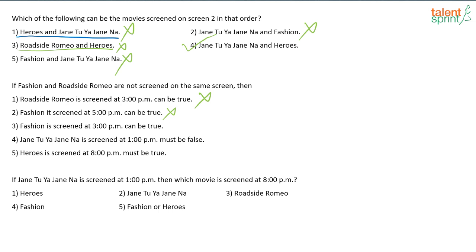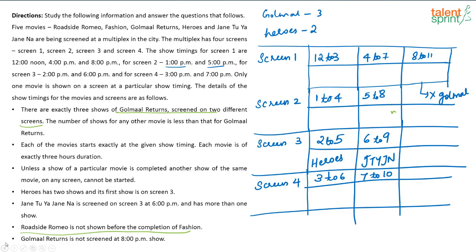Third one, Fashion is screened at 3 p.m. So let us try if Fashion can be screened at 3 p.m. Where is 3 p.m.? Here. So if this is Fashion, where should Roadside Romeo be? After this. Now in this case, which can be your Golmaal Returns? This G, G and G. Now in this case, Heroes can be here.